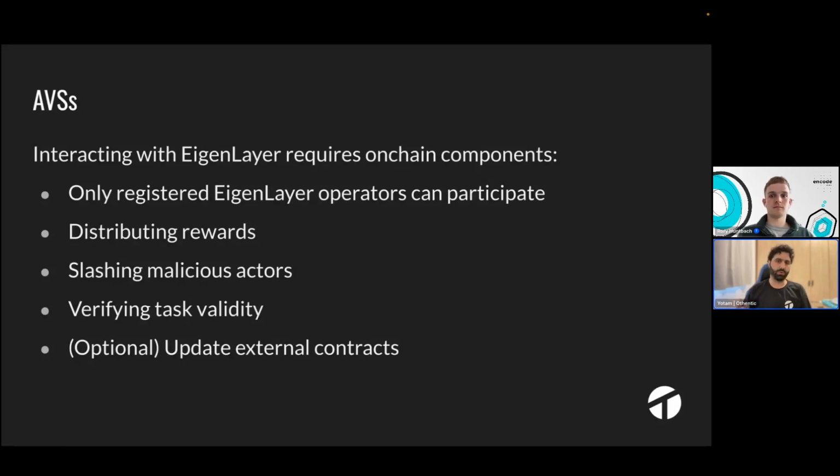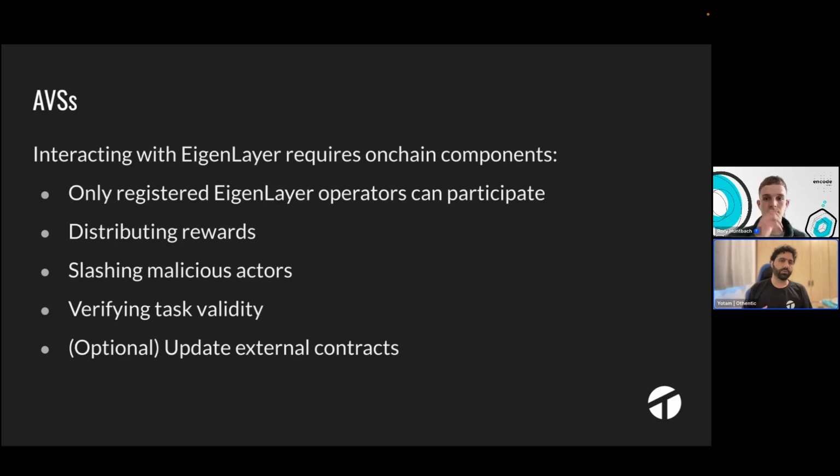The most basic reasons why you would usually want to have this on-chain component that communicates with EigenLayer are, first of all, you want to make sure that all your operators are actually staked with EigenLayer, so they actually have some stake, and that stake is slashable. You want to be able to distribute rewards to your operators, so that has to happen on chain.